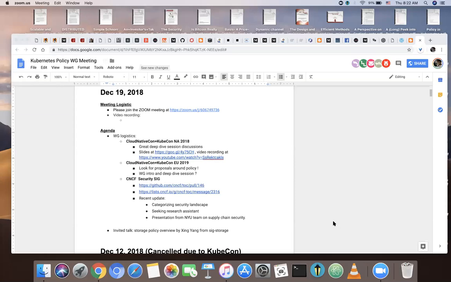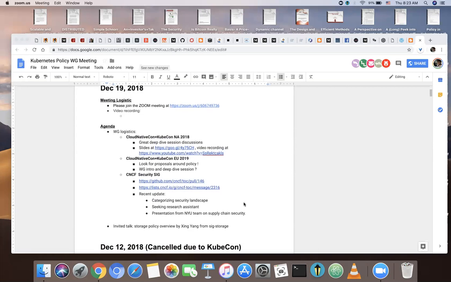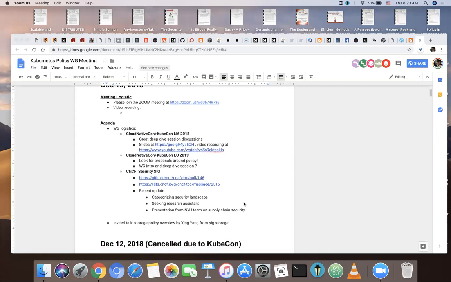So I think one interesting point is the semantic for storage policy is apparently different from firewall or RBAC, where we typically just deal with allowed or not allowed binary options. I don't know whether it is similar to network policy, where you have to have specific operations for the policy semantic.